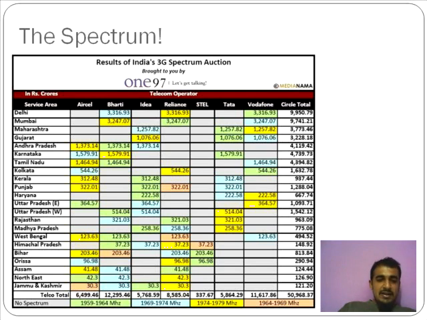In fact, Airtel is one of the highest in the entire telecom industry when it comes to the amount of money spent on radio waves. Just look at the row there, it says Airtel spent 12,295 crores for its 3G network. Now you can imagine how much money that is. It's all just for a radio wave.